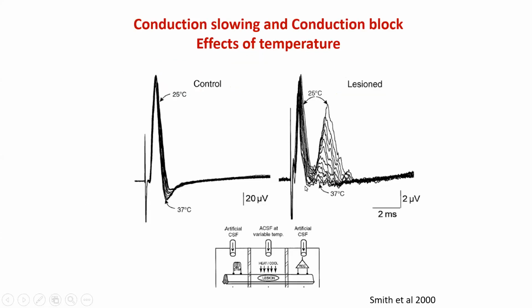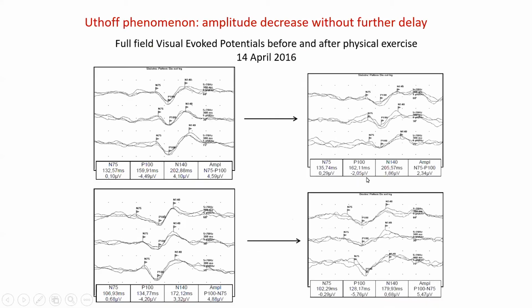We know, and this is experimental evidence, that in the case of demyelinated lesions giving origin to delayed action potentials, these are the only ones that are affected by temperature increase, while the non-demyelinated axons are not affected by temperature increase. And this is the case also in humans.